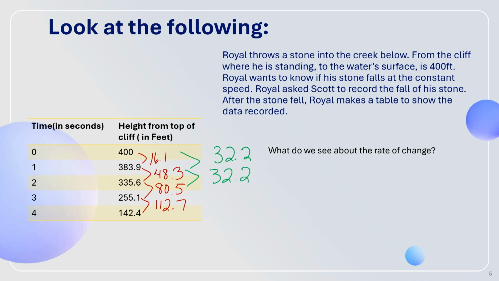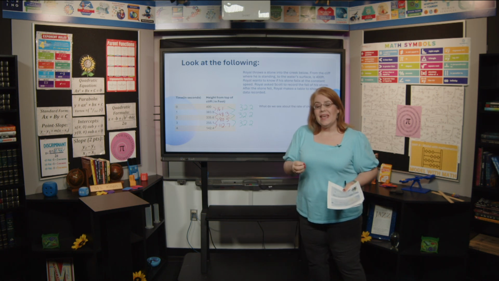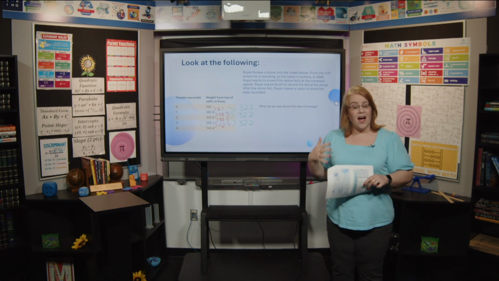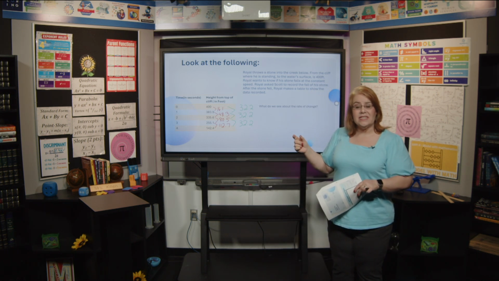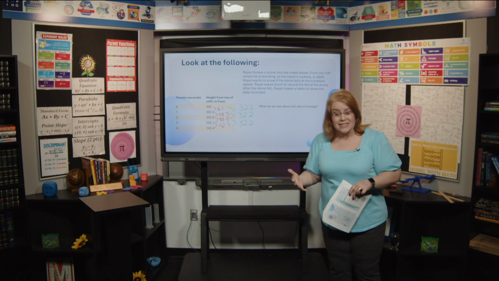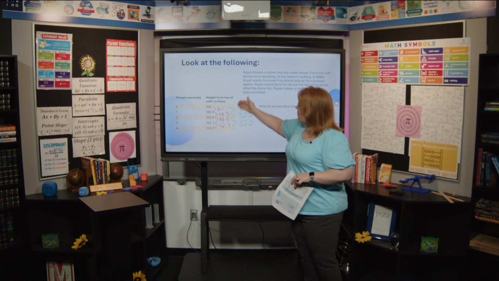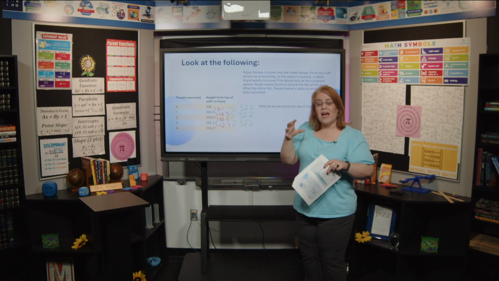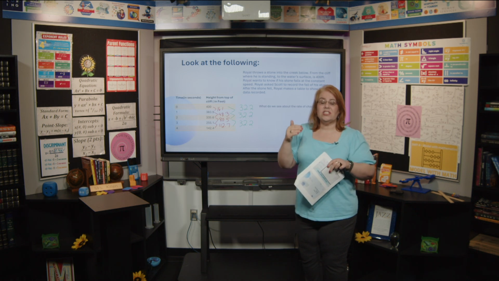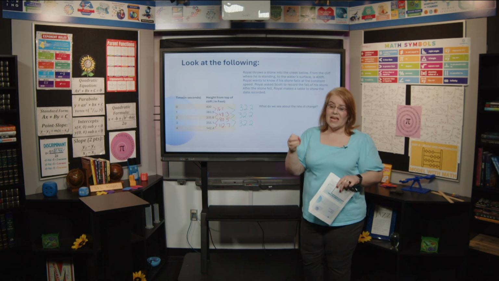If I take 112.7 and subtract 80.5 from it, I get 32.2. The only thing constant about this change is that I am changing constantly. My changes are a constant, but it's not changing constantly at that same rate.